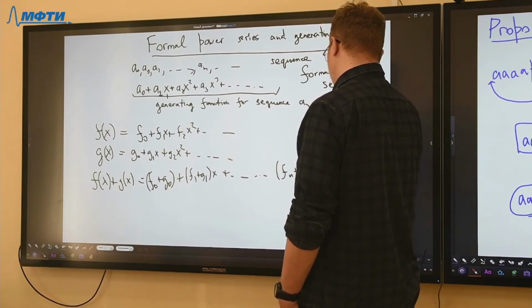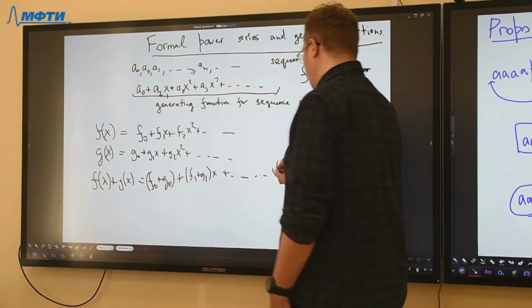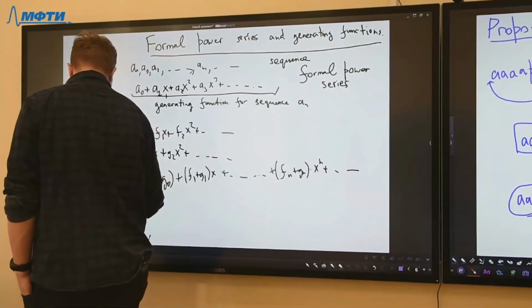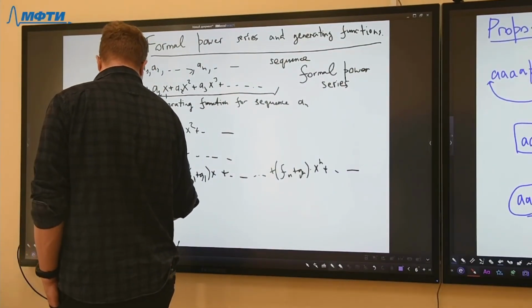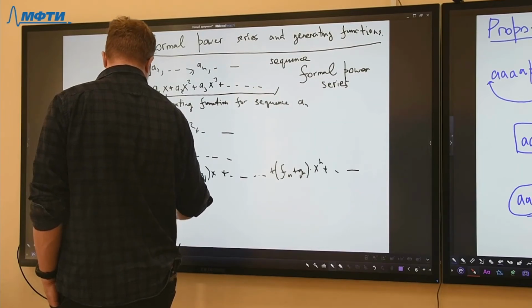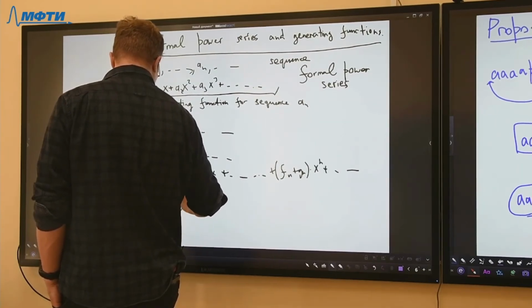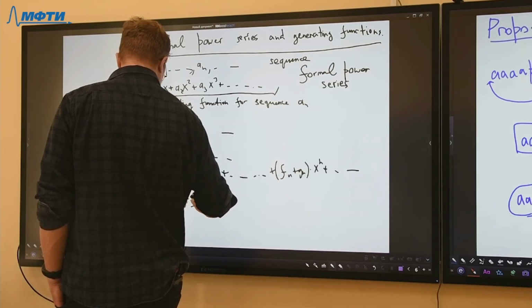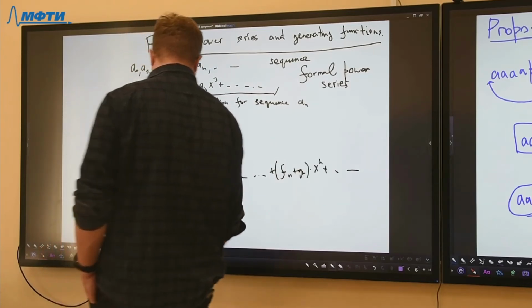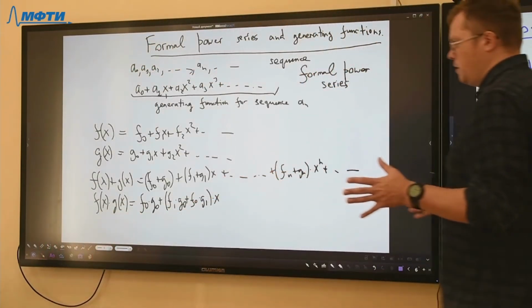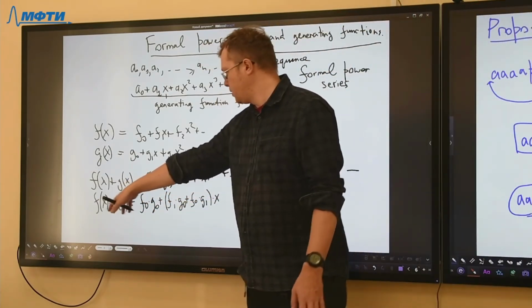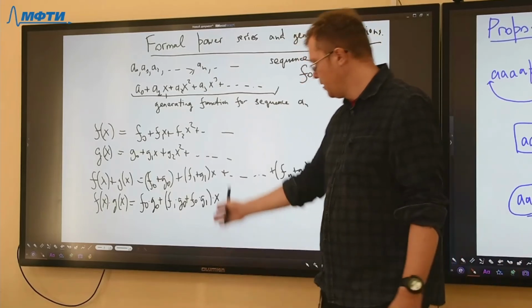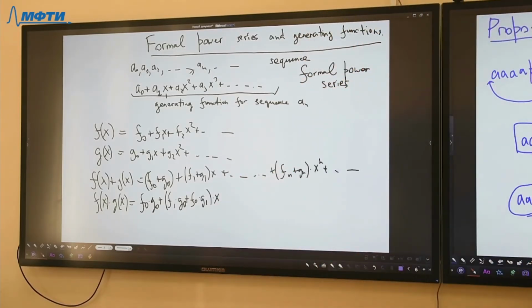And if you want to calculate the product of these two, we just take the same formula as we use when talking about polynomials. We can imagine that we have two power series here, and then we just open the brackets and look at what expression we get.